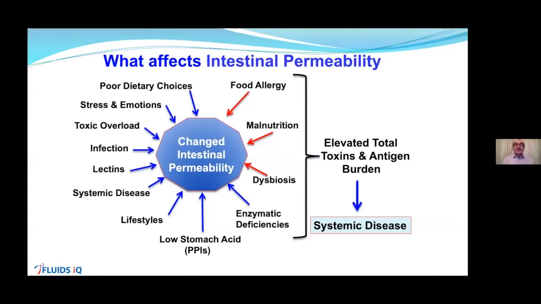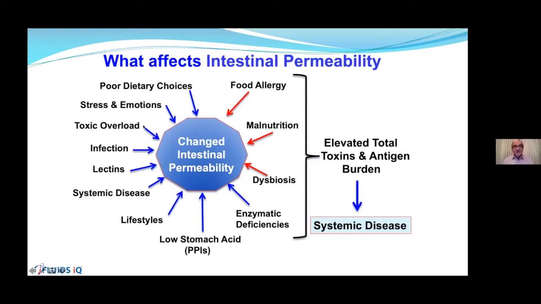So we're looking at augmented or increased intestinal permeability, and it can be caused by any number of these things which you see on the left of the slide, but especially on the right: food allergies, malnutrition, dysbiotic behavior.